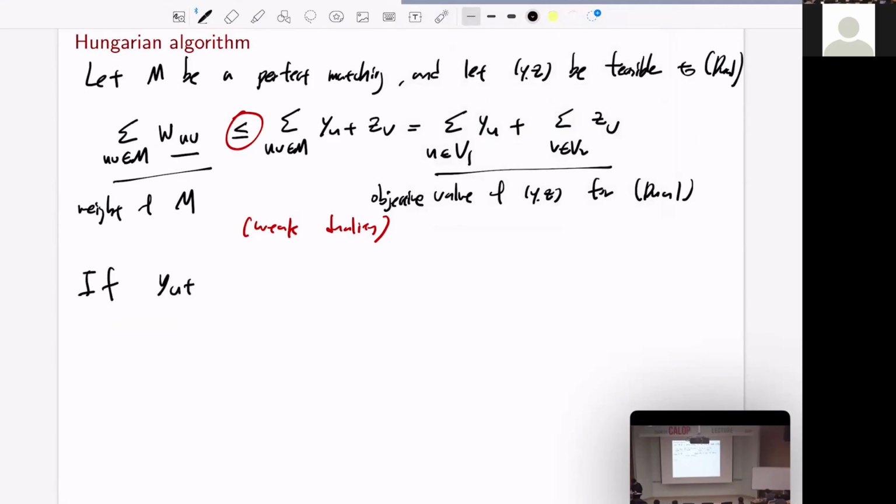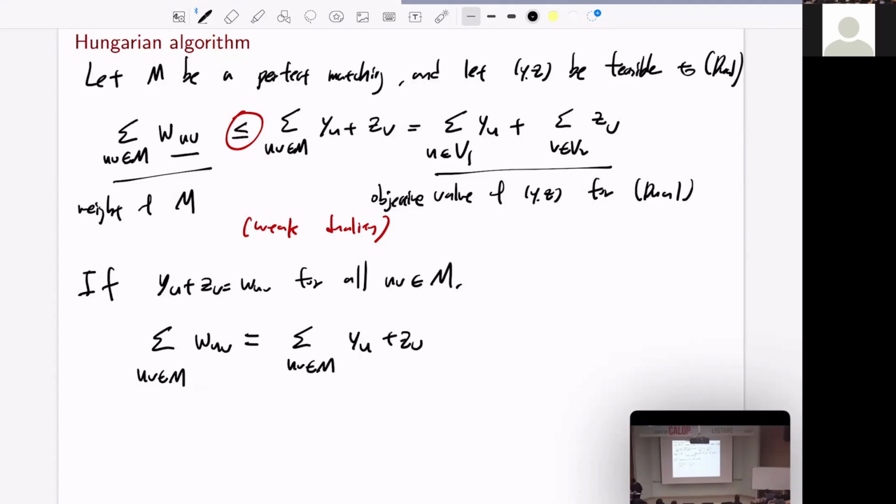If y_u plus z_v equals w_uv for all uv in the matching, this is the condition that we want to impose. Then the summation of w_uv over uv in M is equal to the summation of y_u plus z_v over all edges, so we have the summation over u in V1 of y_u plus the summation over v in V2 of z_v. So this is strong duality.